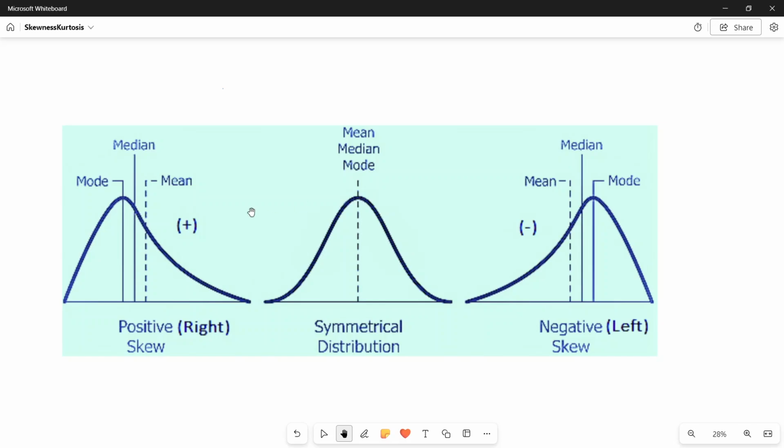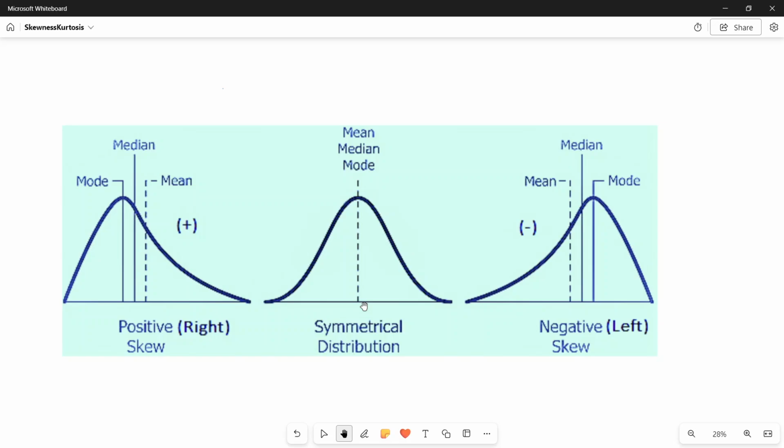Now, in case of positive skew, why is it called positive skew? It is not arbitrary. It is called positive because if you observe the tail, these two ends of the distribution are called the tails of the distribution. If you see the tail on the right side, the positive side, on the number line, if we go towards the right, we increase, we do plus one, right?